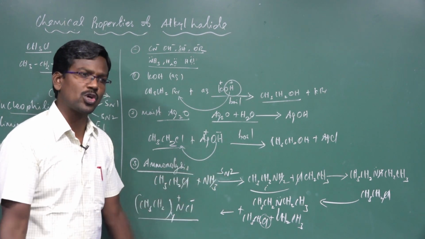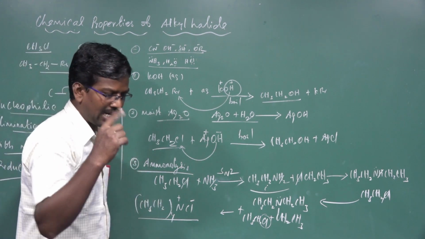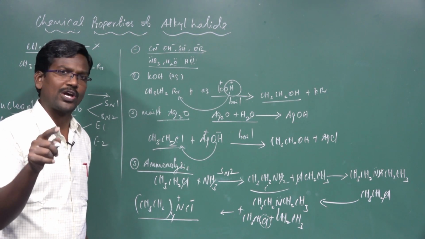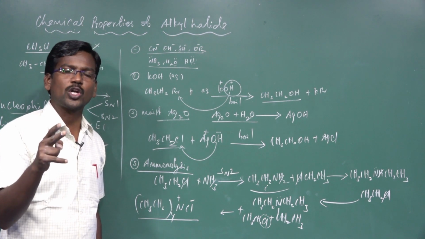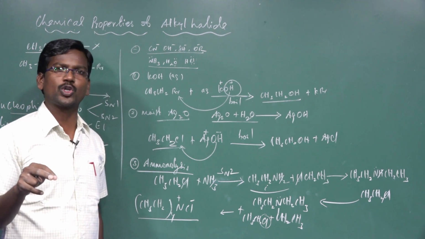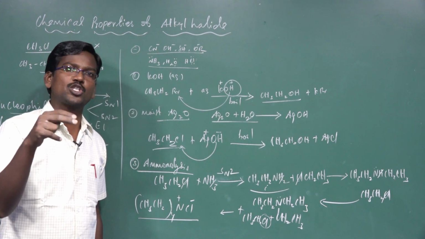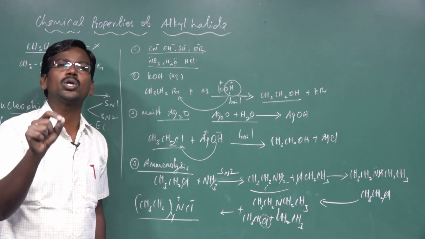What is the meaning of nucleophilic substitution? I already told you. Nitrogen possessing a lone pair of electrons acts as a nucleophile. Two types of nucleophiles are there: one is a negatively charged nucleophile, another is a neutral nucleophile. The negatively charged nucleophile contains negatively charged species, and the neutral nucleophile contains one or more than what?